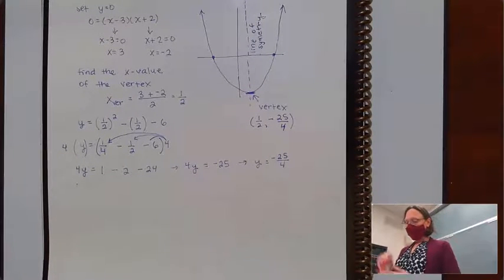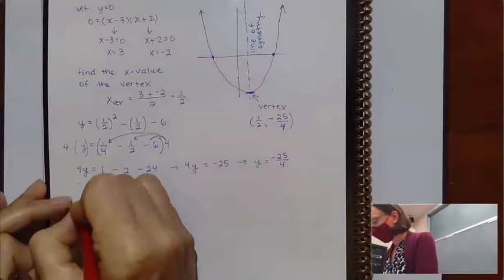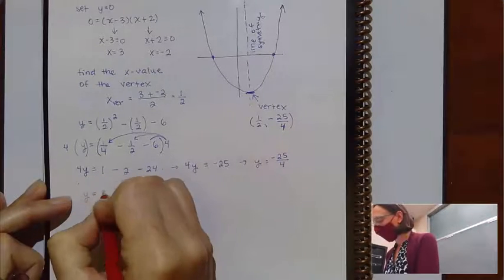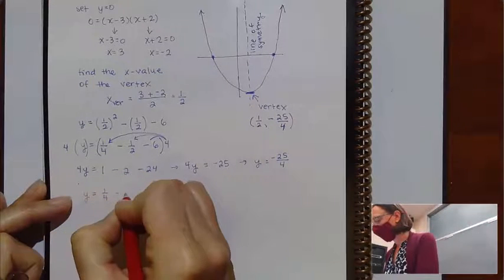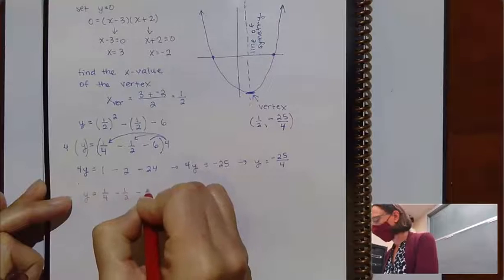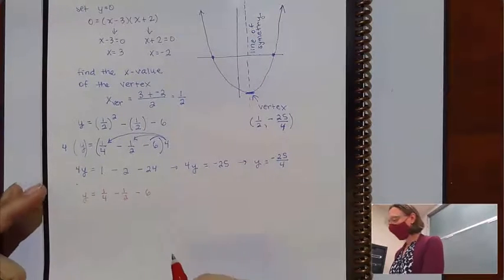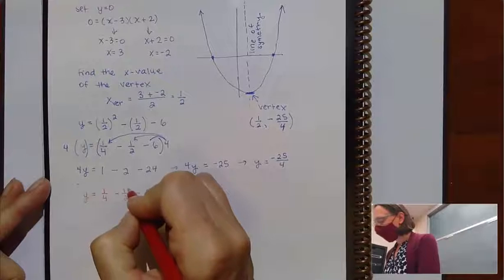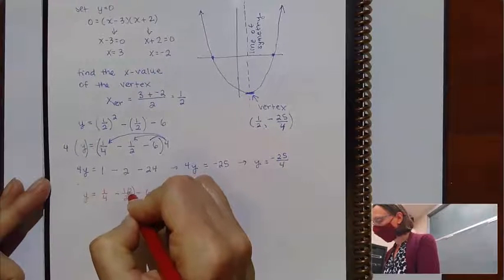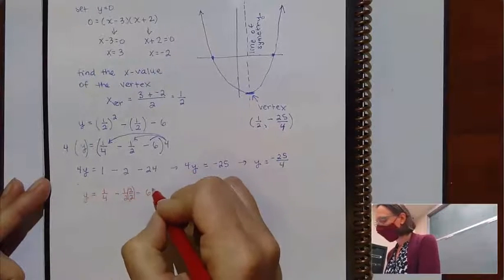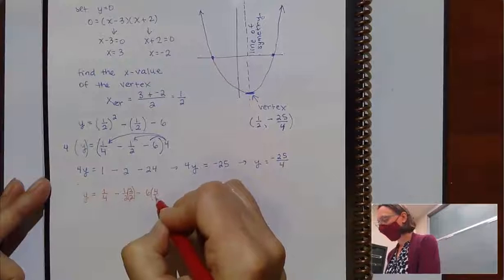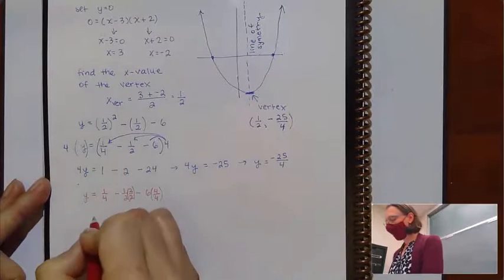So if I was just going directly to common denominator, so I'm kind of backing up to where we had y equals 1/4 - 1/2 - 6. Well, my common denominator would be 4. So on this one, I would need to multiply by 2/2. And that 6 would need to get multiplied by 4/4.